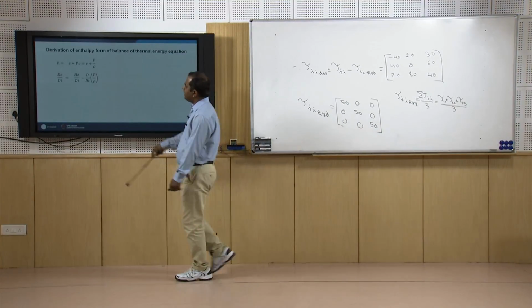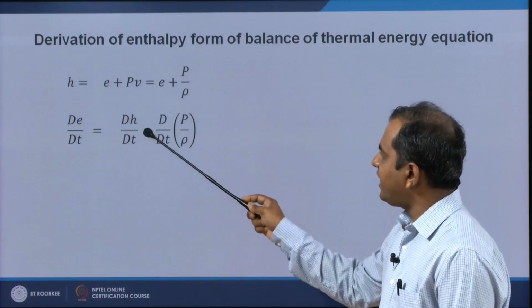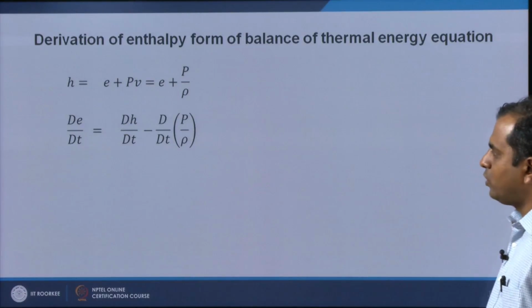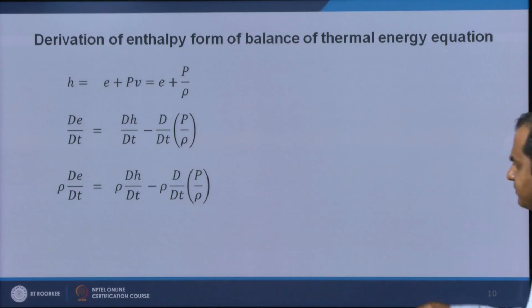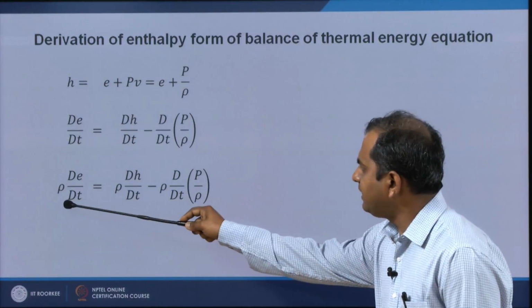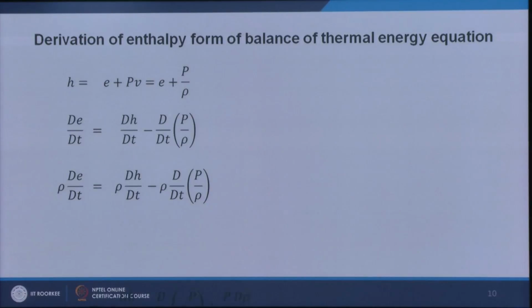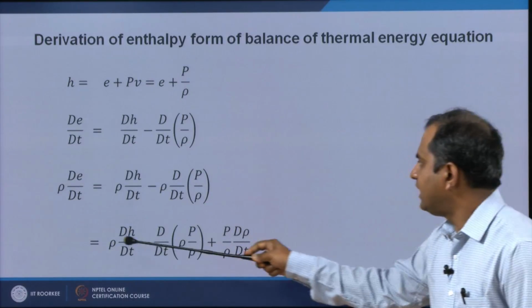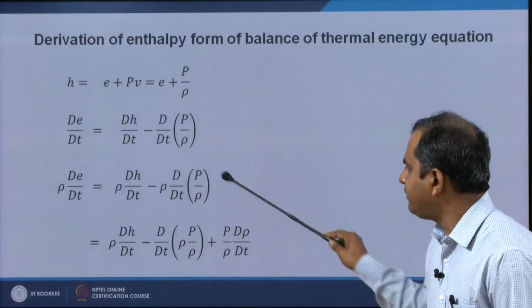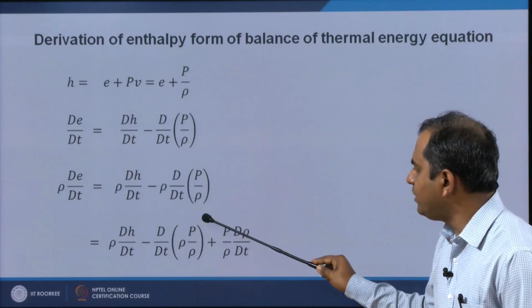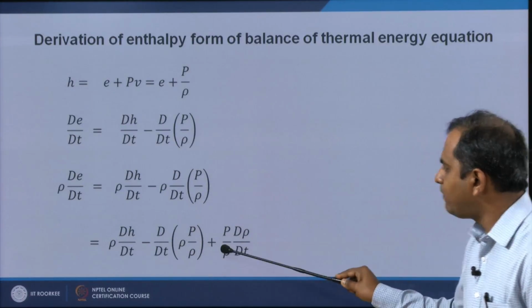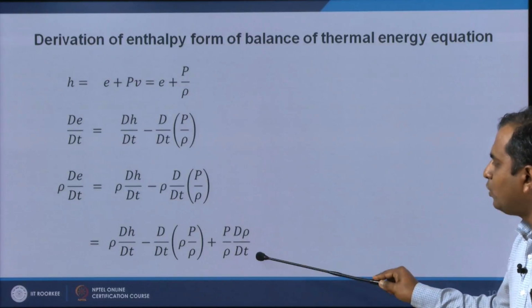Now, let us do the derivatives. If we do d/dt of E, we get d/dt of H minus d/dt of P by rho. If we multiply by rho, then rho comes in front of all the terms, and this term can be written as d/dt of P into rho by rho plus P by rho into d rho by dt.